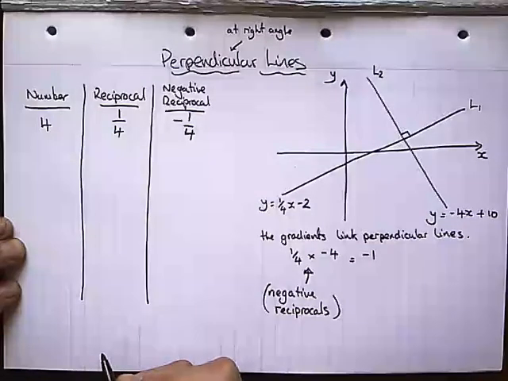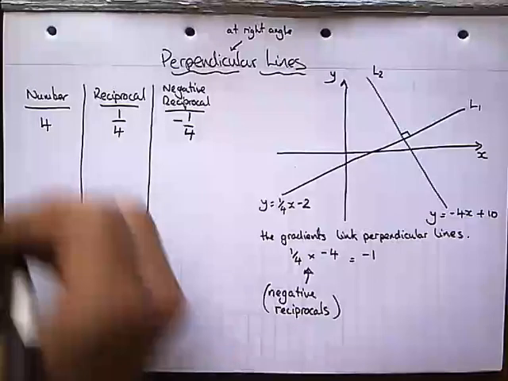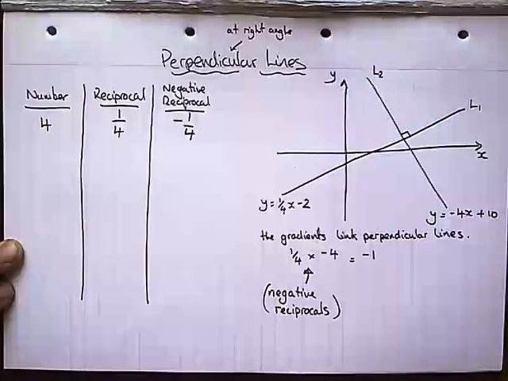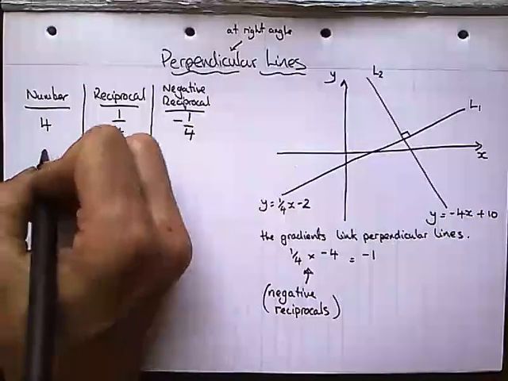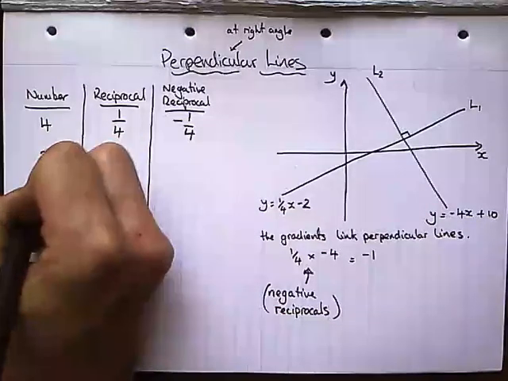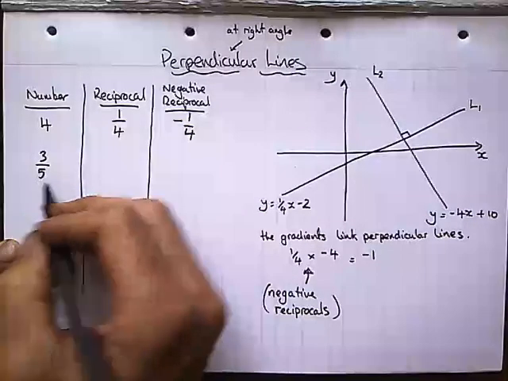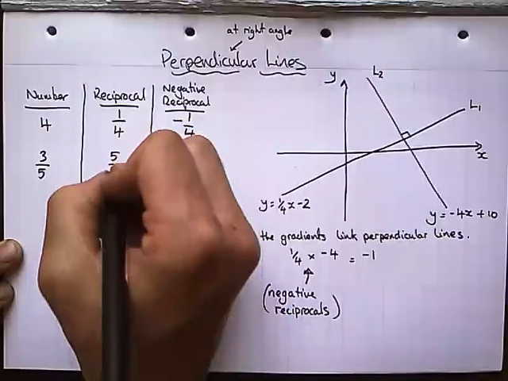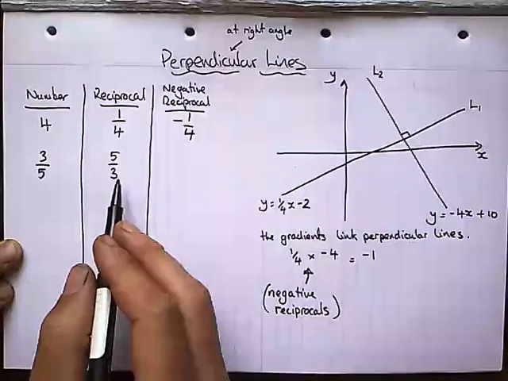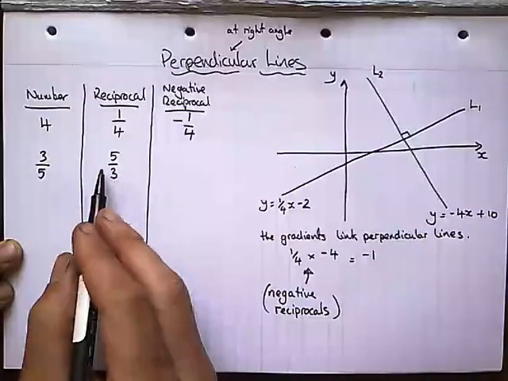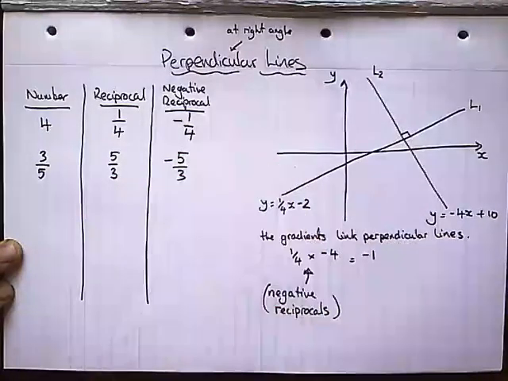Right, if I had a number, or in our case a gradient, because this is generally the main time you use negative reciprocals, if I had a gradient of 3/5, then my reciprocal of this gradient would be 5/3, and the negative reciprocal would mean I changed the sign. So this is a positive, so this becomes a negative. So the negative reciprocal would be -5/3.